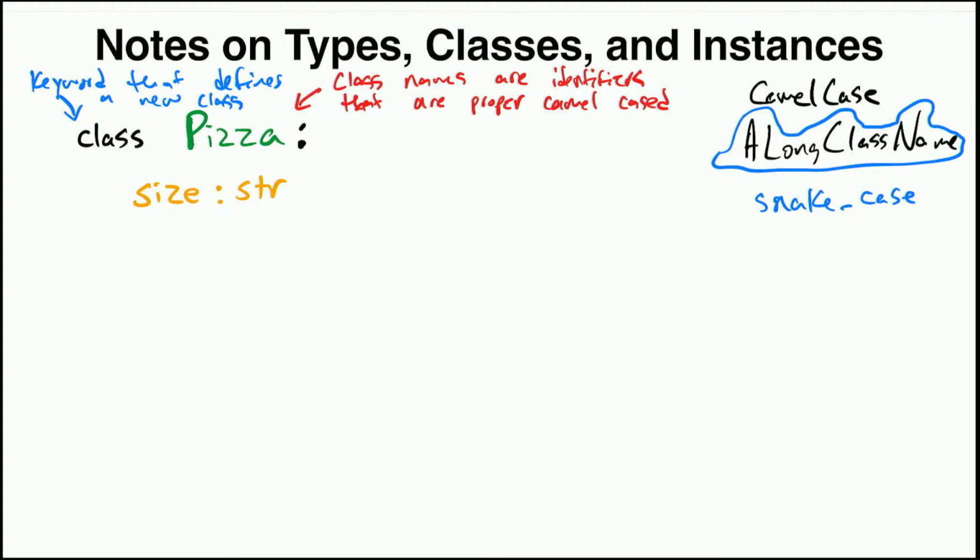Our class body, we'll learn, is made up of two things. The first are the attributes. The second we'll get to. Let me make a note here. This is an attribute declaration. What does this remind you of?